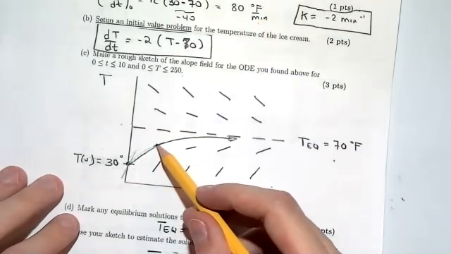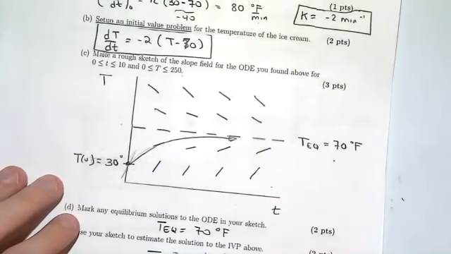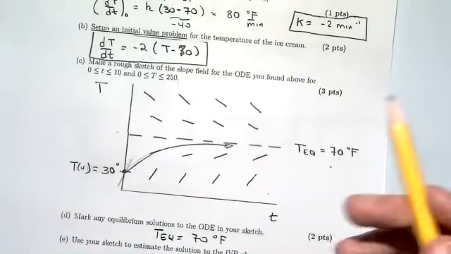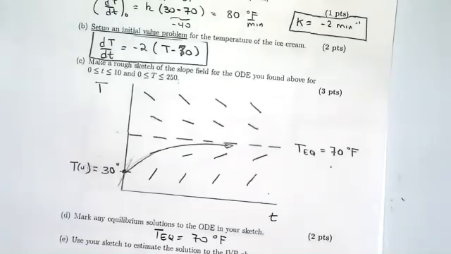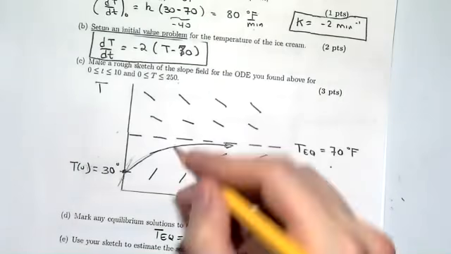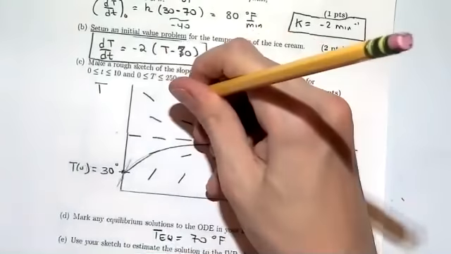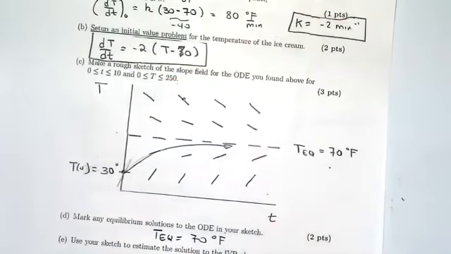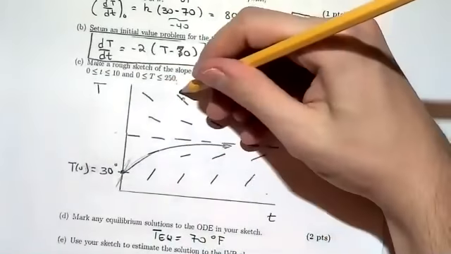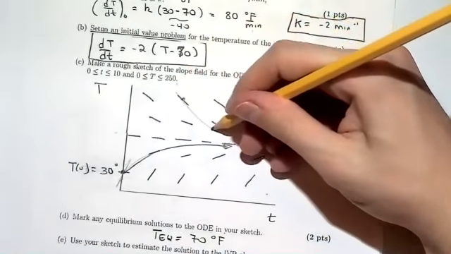So then you just loosely follow the arrows from there. I guess they don't have arrows here, but you follow the slope field. So you can do that with any situation. And so you just find your initial point here, and then you just follow the lines. Go something like that.